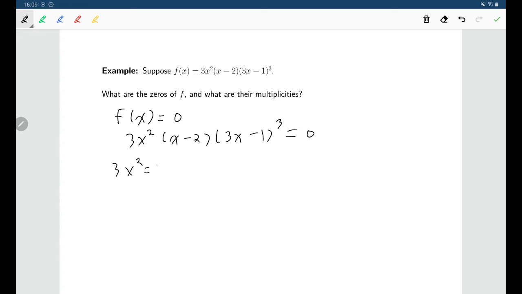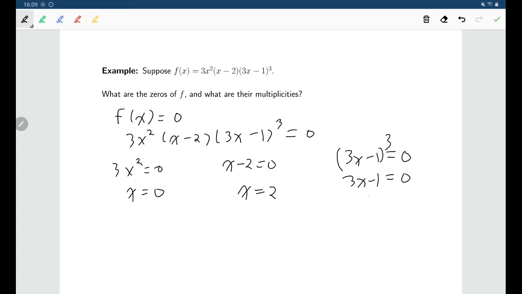Either 3x squared is 0, which gives you that x is 0, or x minus 2 is 0, which gives you that x is 2, or 3x minus 1 is 0, which gives you that x is equal to 1/3.